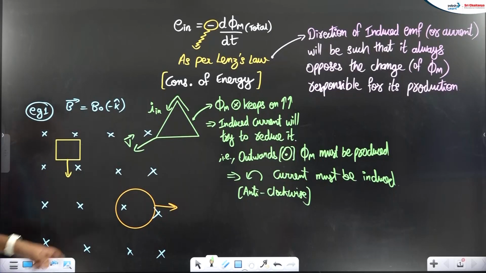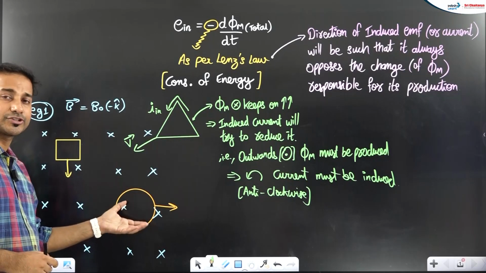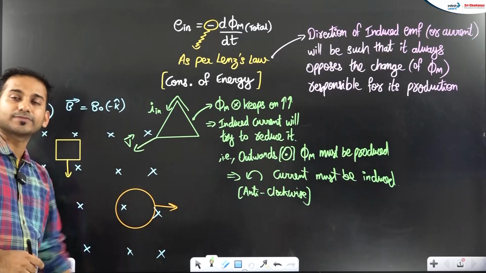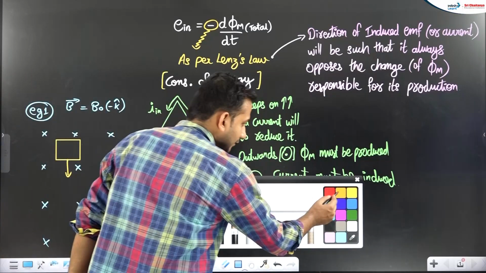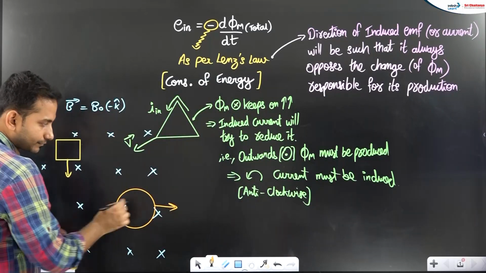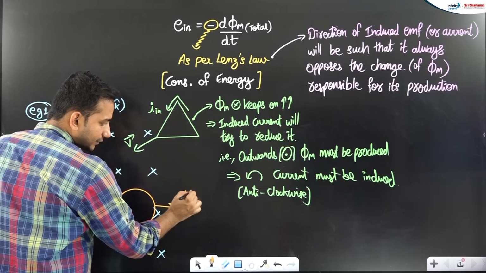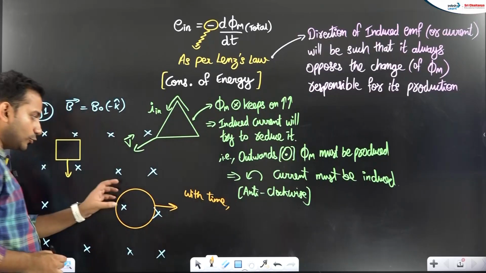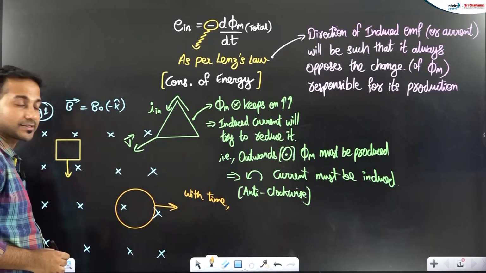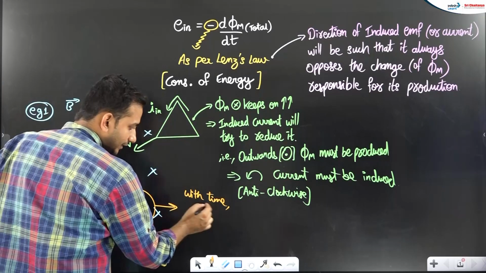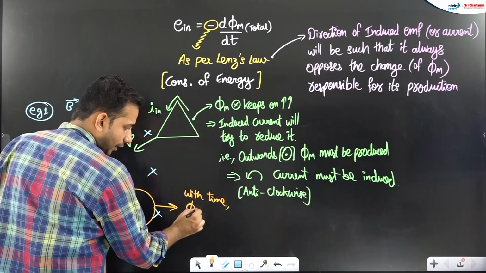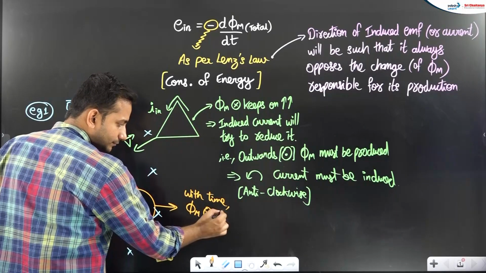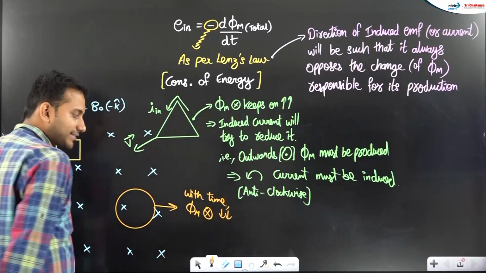All right. Let us talk about this circular loop which is being taken outside the magnetic field. So here, for this loop, we will say with time this loop is coming outside the field, so the cross magnetic flux decreases.